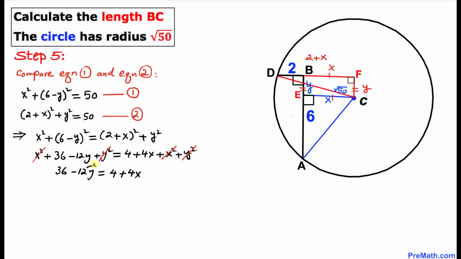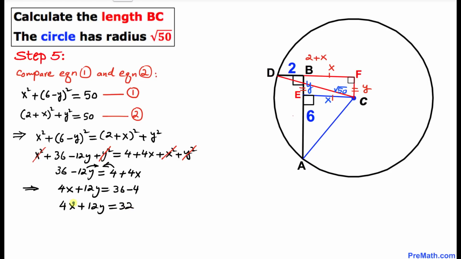Let me move this negative 12y on the right hand side and 4 on the left hand side. And if we combine things around, we are going to get 4x plus 12y equal to 36 minus 4, or could be written as 4x plus 12y equal to 32.